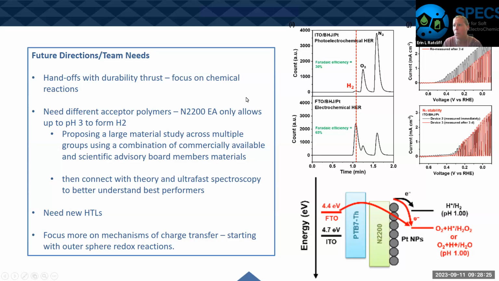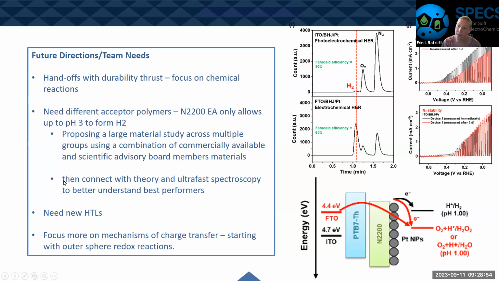And so we need to come up with additional polymers that have a weaker electron affinity, or electron affinity closer to vacuum. So what the team has put together is we're starting to propose a larger material study. If anyone is interested and wants to learn how to make photocathodes, this is pretty straightforward, and if you would like to become involved, I think this could be a really fun thing to do as a multi-institution collaboration.